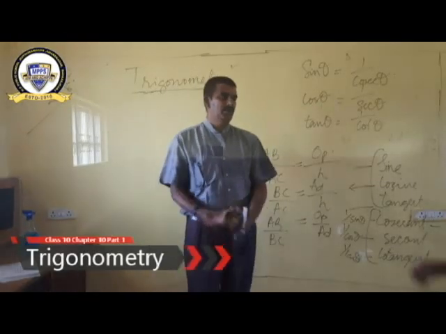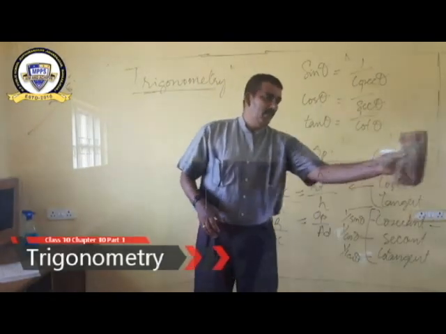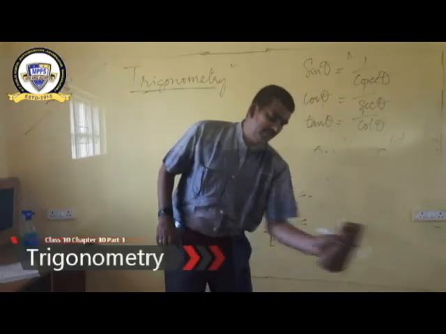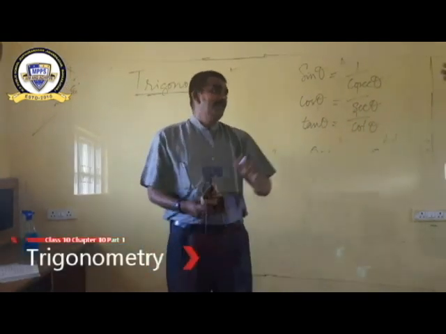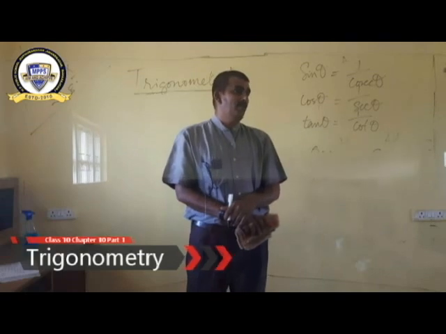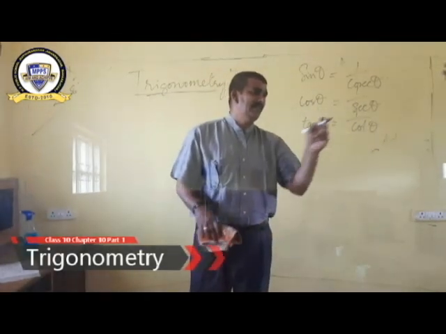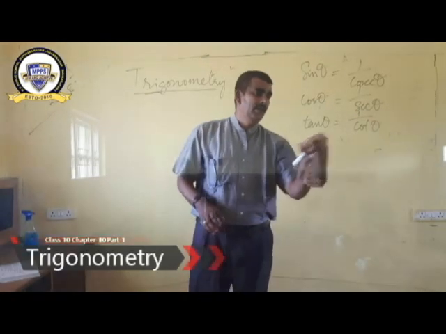And some more definitions you can find with the same thing: cosec theta is 1 by sin theta, sec theta is 1 by cos theta, and cot theta is 1 by tan theta.